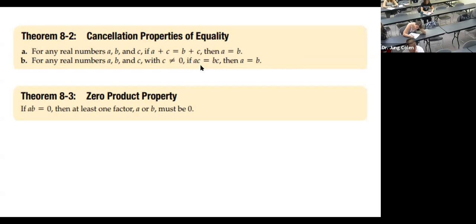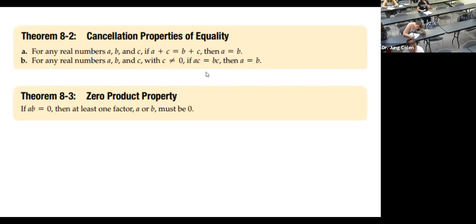Also, if you think about this, a times 0 becomes 0, and b times 0 becomes 0. It doesn't tell us anything about a and b. They can be different. A and b can be different. They can be the same, right? So if c is equal to 0, it doesn't tell us anything about the relationship between a and b.